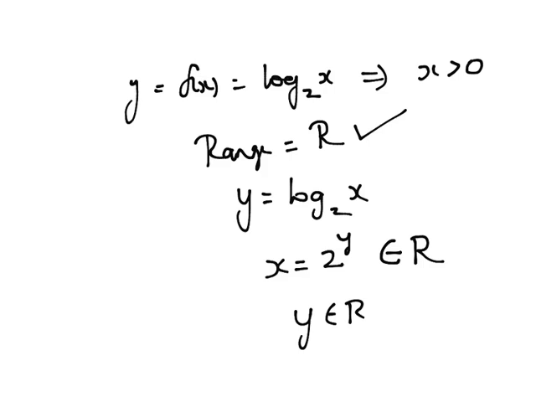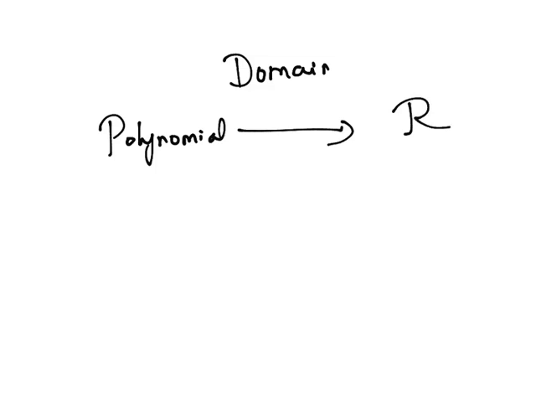Okay. So let me recollect. Domain for a polynomial function. For a polynomial function, linear, quadratic, cubic, the domain is R, all real numbers. Now for a rational function, I told you how to find it. Yeah, the denominator should not be 0.